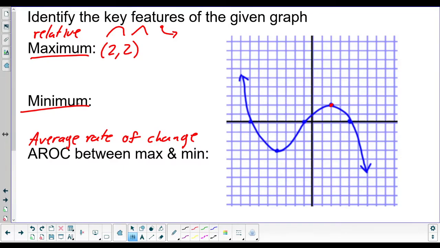For our minimum, we're looking for valleys like U's, V's, and then this thingy flipped over. So a point where the graph goes up from it. We have a U, and the bottom of that U is right there at negative 4, negative 3. Okay. So you're just reading off the graph. You find the ordered pair and you tell me the ordered pair for the min and the max.